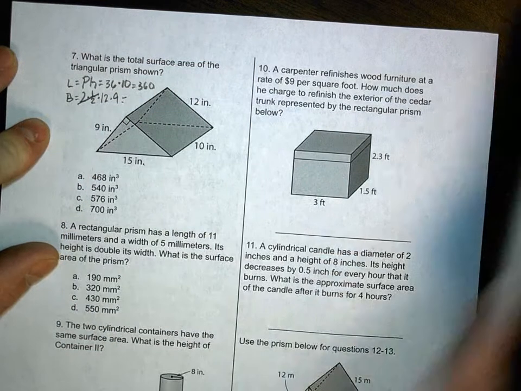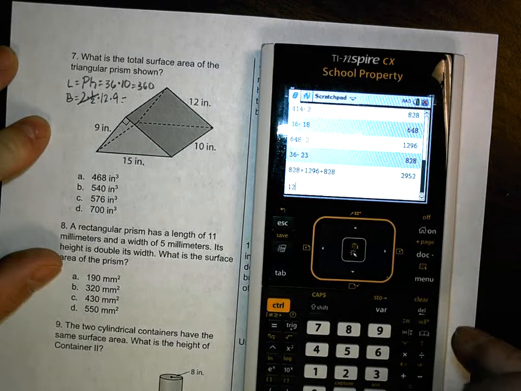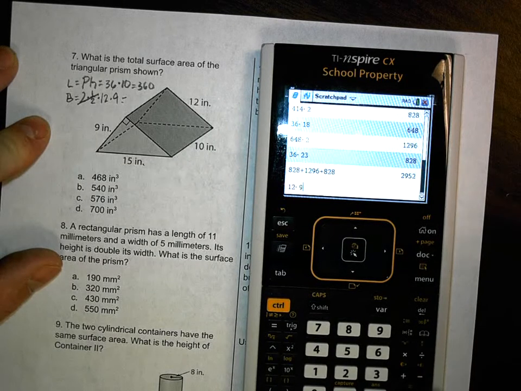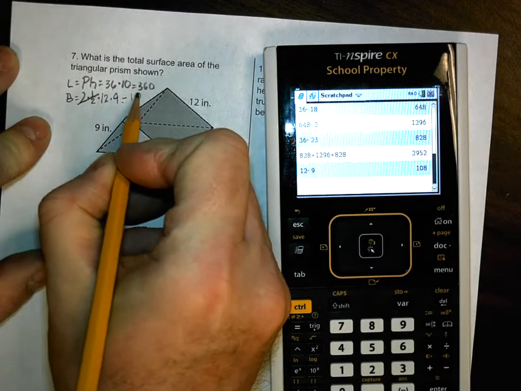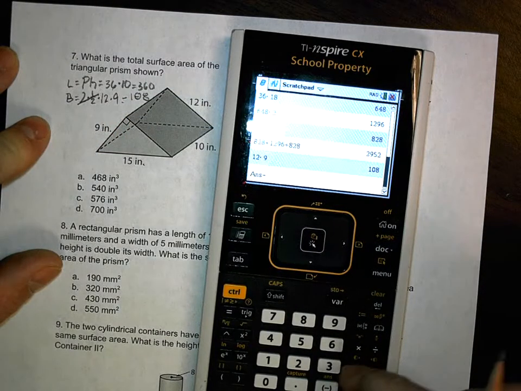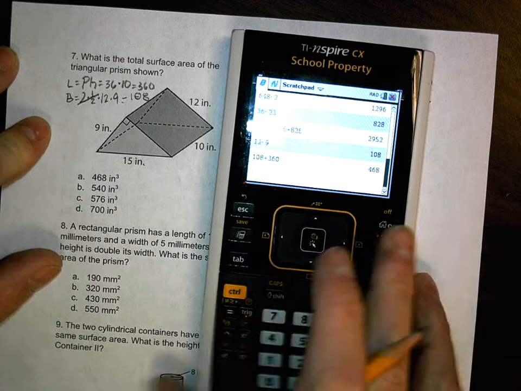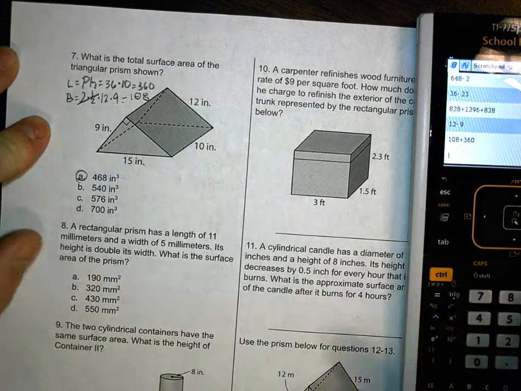So 12 times 9, I am going to get a calculator here. 12 times 9 equals 108. So I get 360 plus 108. And that gives me 468 square inches. So A is the answer.